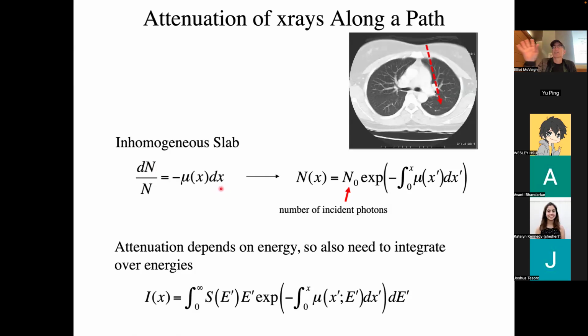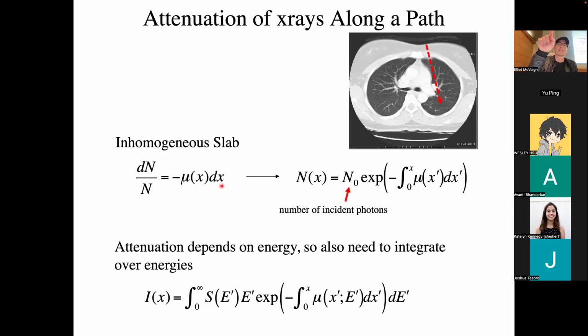So if you think about this, let's not think of it continuously, but discretely. This is some delta x, some little unit of distance in the patient. I have a mu value across that unit. We'll say it's constant across that small unit. This is the equation that governs how many photons I lose in my pathway delta x through the patient.